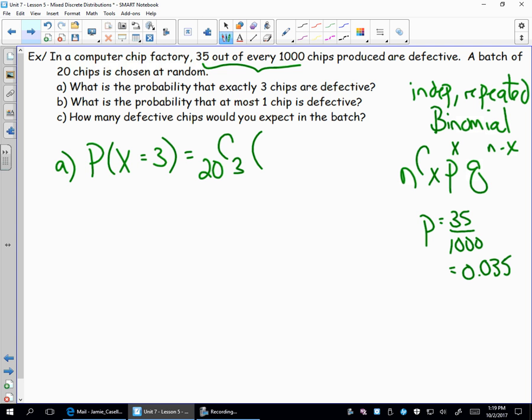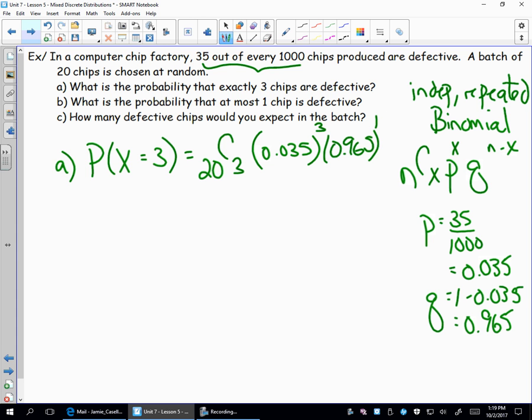It's a very small chance of finding a defective chip. So p is 0.035, and I want to find 3 of them. q will be 1 minus 0.035, or 0.965, and I want that to happen 17 times. So 3 successes, 17 failures. Into our calculator we go, and you should get 0.0267.